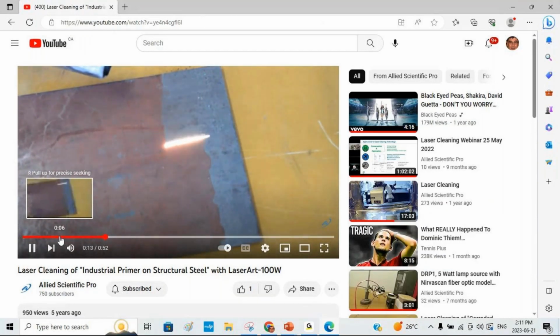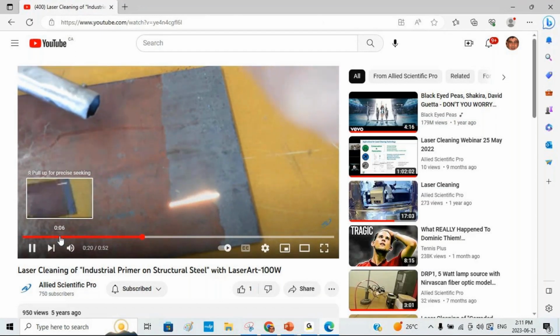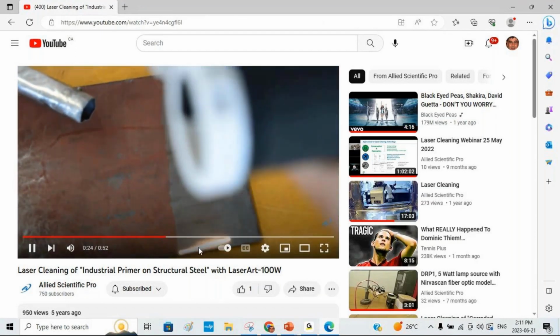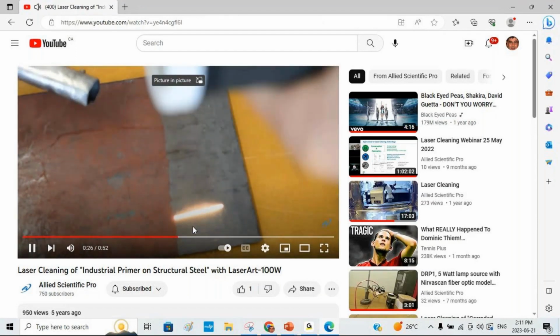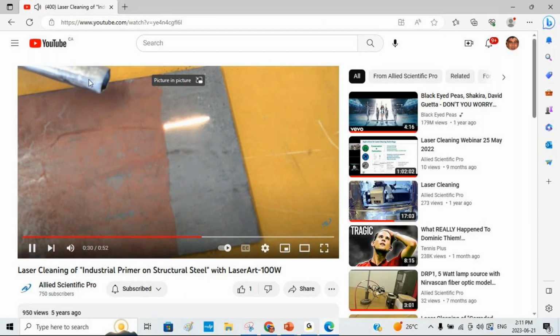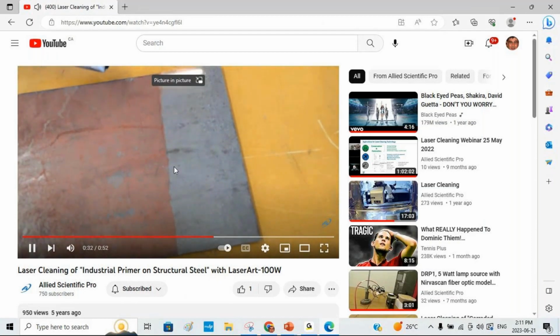You can see the laser cleaner is cleaning the industrial primer on a structural steel. And this is the plasma that is formed. It's lined. And all the debris are being collected by this vacuum tube. So it's a dry process.